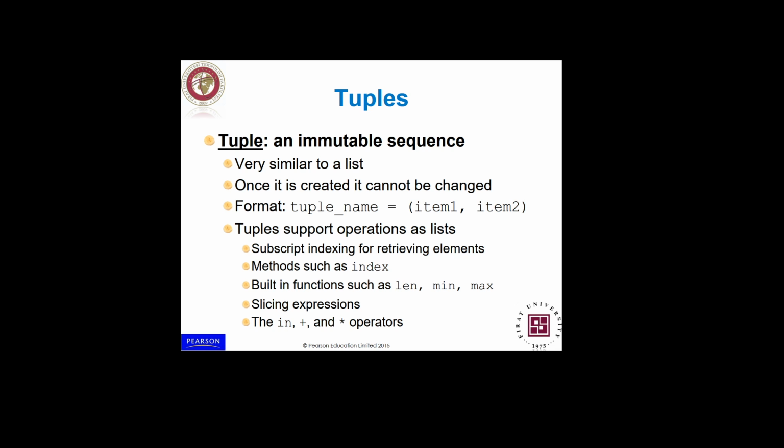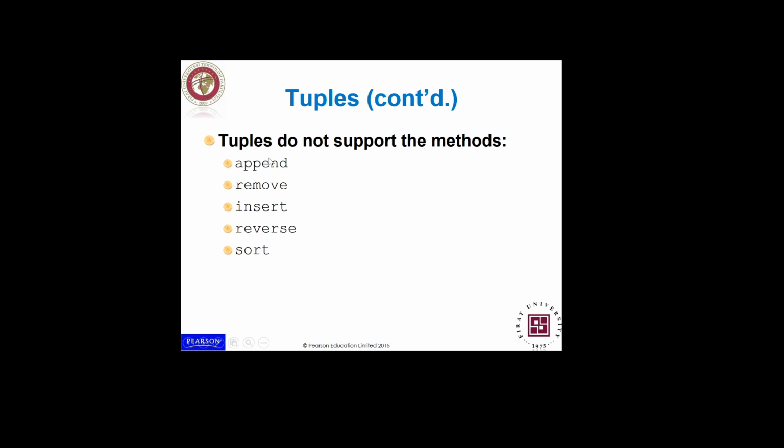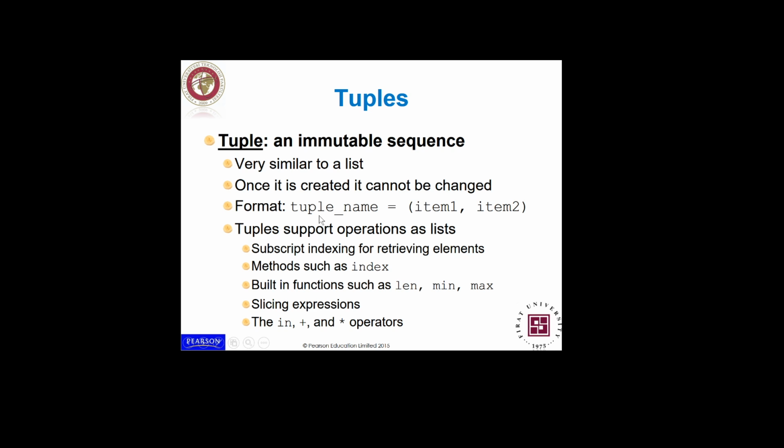And in that case, we have a limitation of tuples: we cannot modify them, we cannot add to them, append is not possible. We cannot remove, we cannot insert, we cannot sort them, or reverse them. So these are the methods that we cannot apply to tuples.